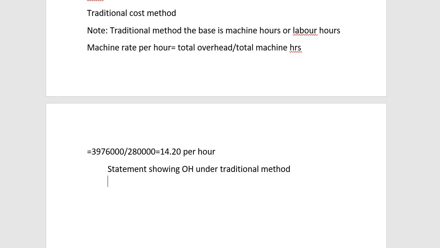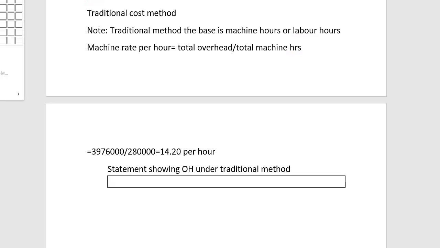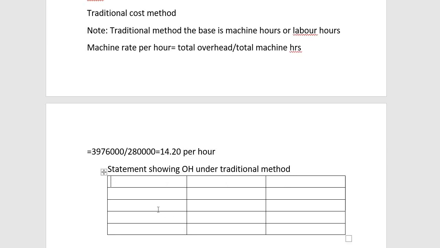You can insert the column. First is particulars. This is product A and product B.